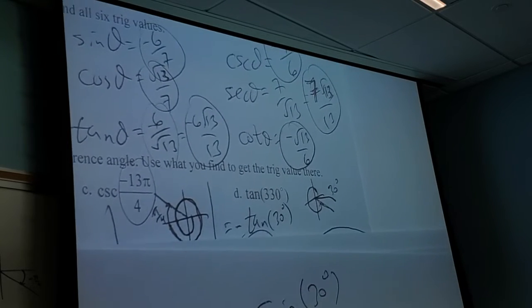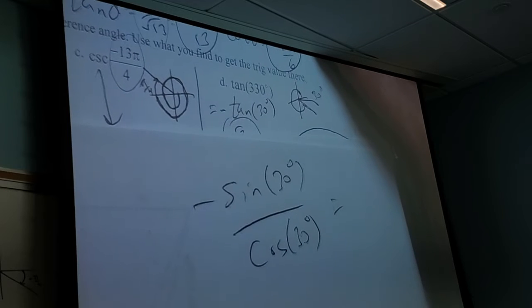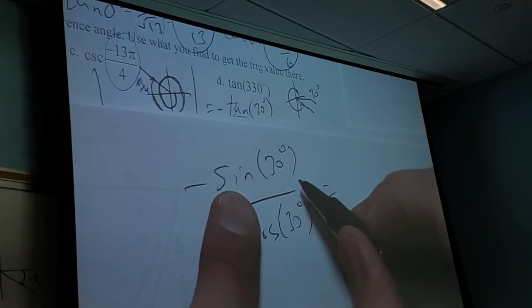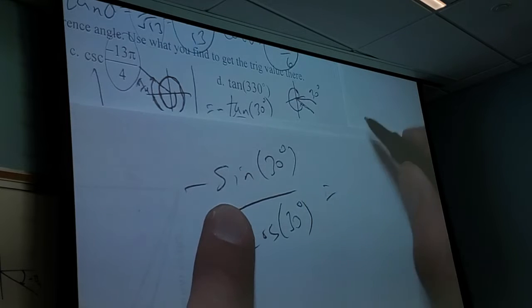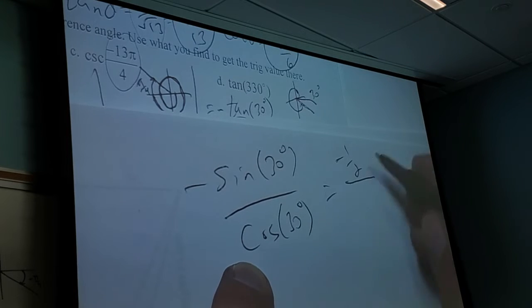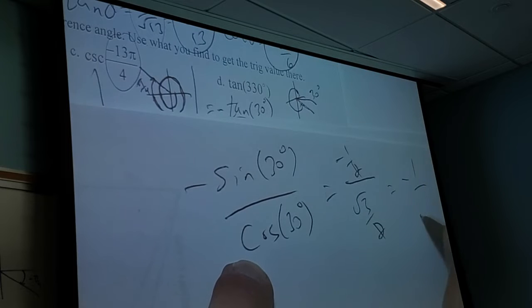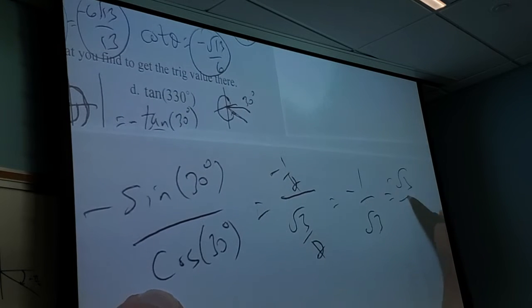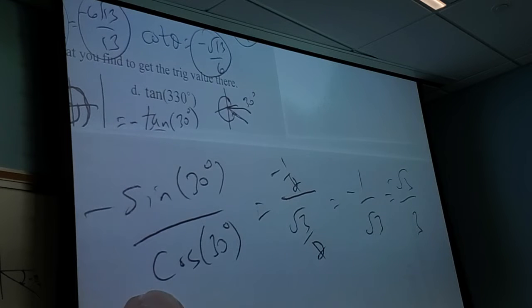What is sine of 30 degrees? 1/2. What is cosine of 30? It's rad 3 over 2. The over 2's cancel. Rationalize. I get negative rad 3 over 3. Right? Okay.